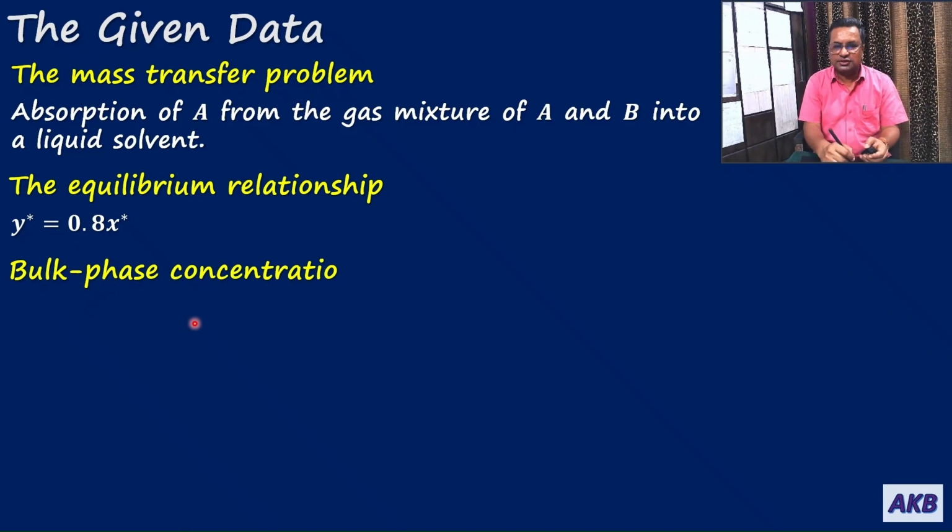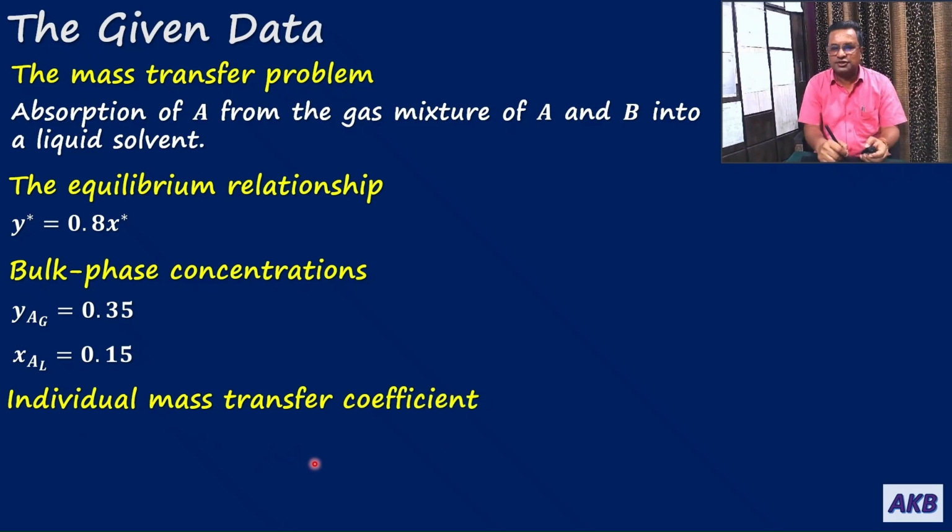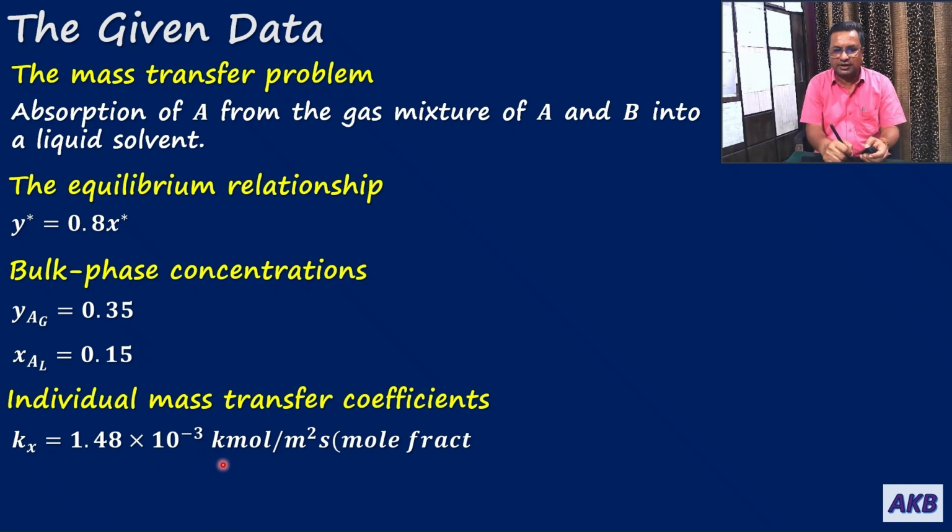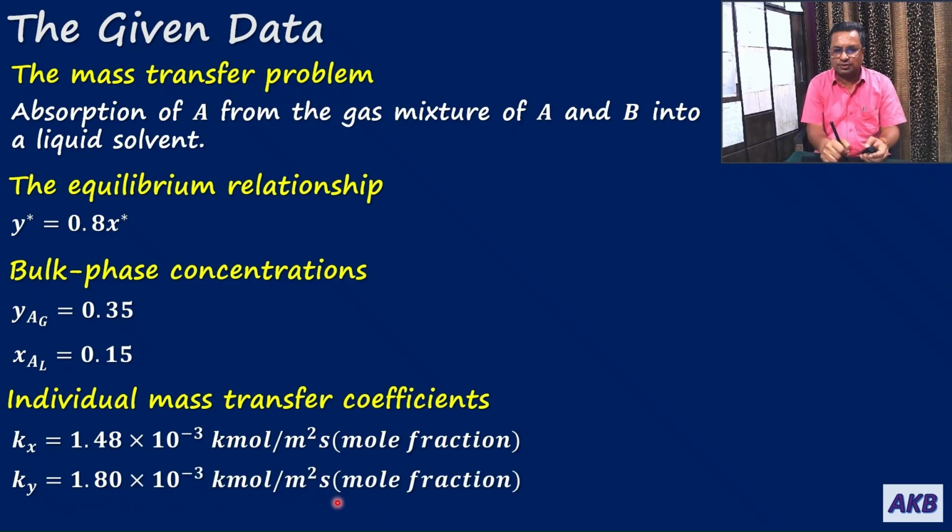Then the bulk phase concentrations: YAG, the mole fraction of A in the bulk gas phase, is 0.35, and XAL, the mole fraction of A in the bulk liquid phase, is 0.15. Individual mass transfer coefficients: Kx is 1.48 into 10 to the power minus 3 kilomole per meter square per second per mole fraction, and Ky is 1.80 into 10 to the power minus 3 kilomole per meter square per second per mole fraction.